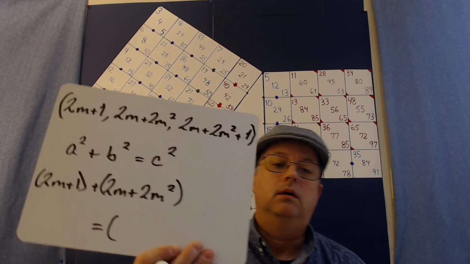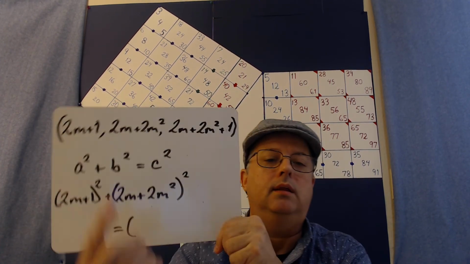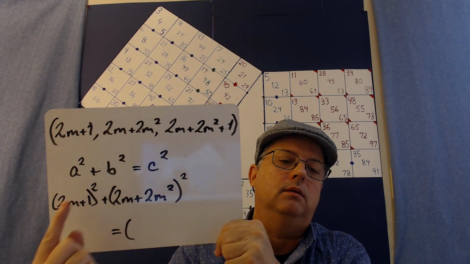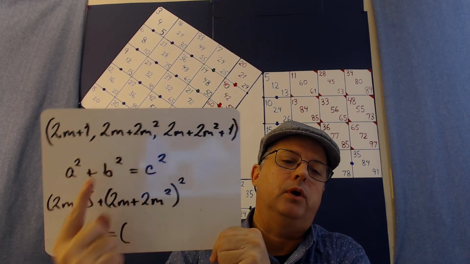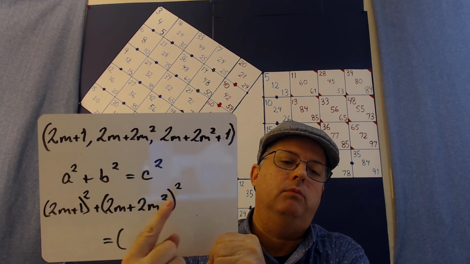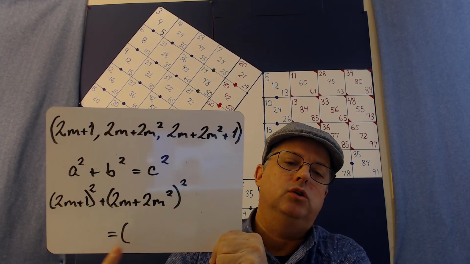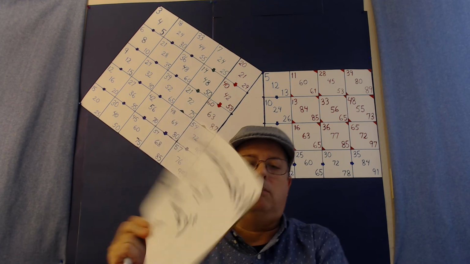And that's going to give us, we have to square these, of course. Okay, so if we take the expression that matches up with the a value and we square it, and we take the expression that matches up with the b value and we square it, then we should get the c value squared. And that's what we're going to show in the next video here.